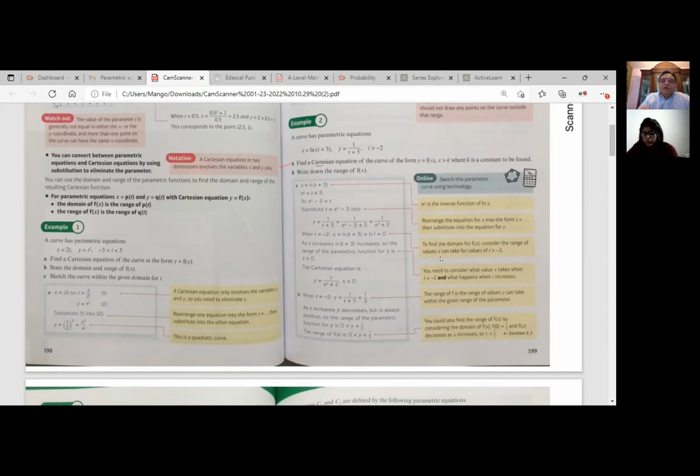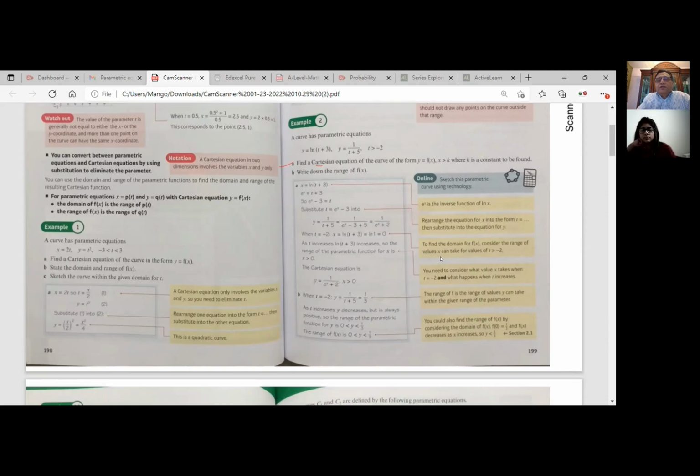Perfect. So, as you said, x is equal to ln t plus 3. To isolate t, you take exponents on both sides because these are inverses. So e to the power of x is t plus 3, and you get t as e to the power of x minus 3. Now substitute this value of t in y, which is 1 over t plus 5.